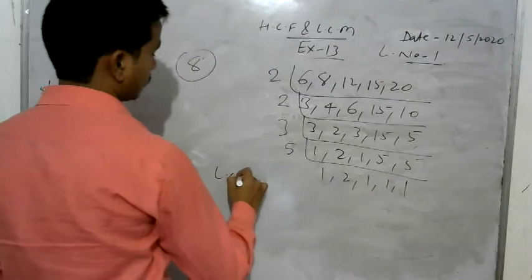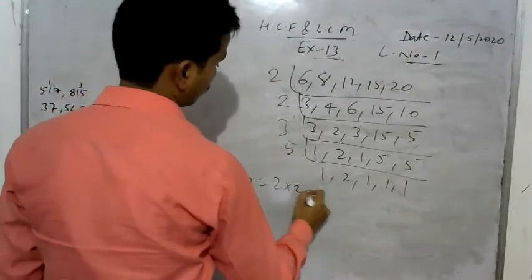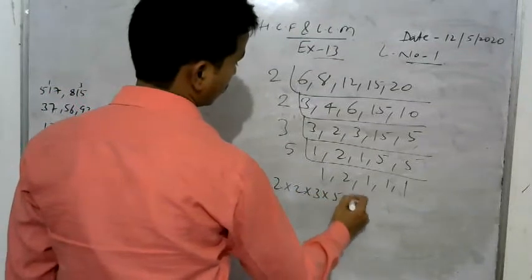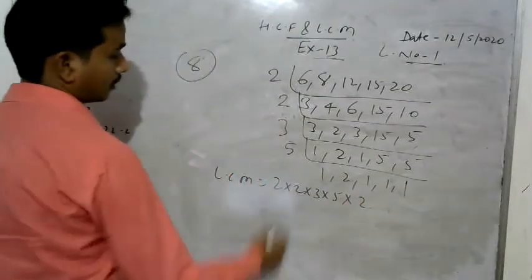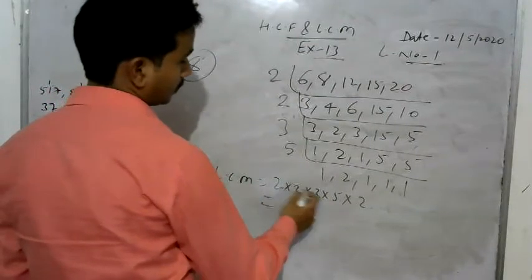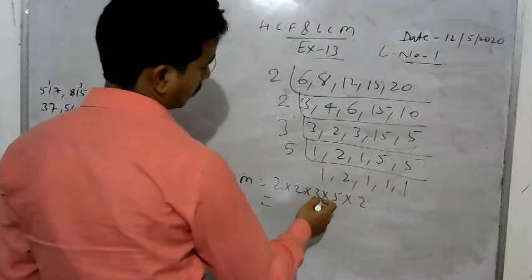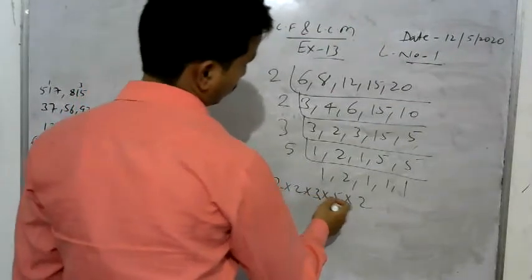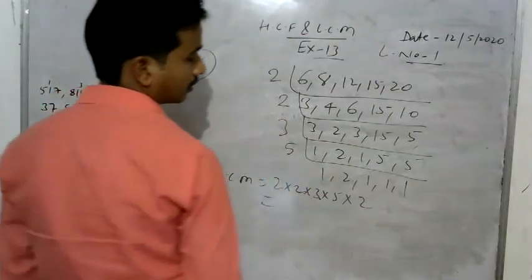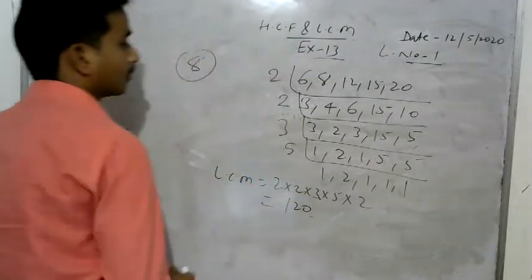Now what is the LCM? 2 into 2 into 3 into 5 into 2. So 2 twos are 4, 4 threes are 12, 12 fives are 60, 60 twos are 120.